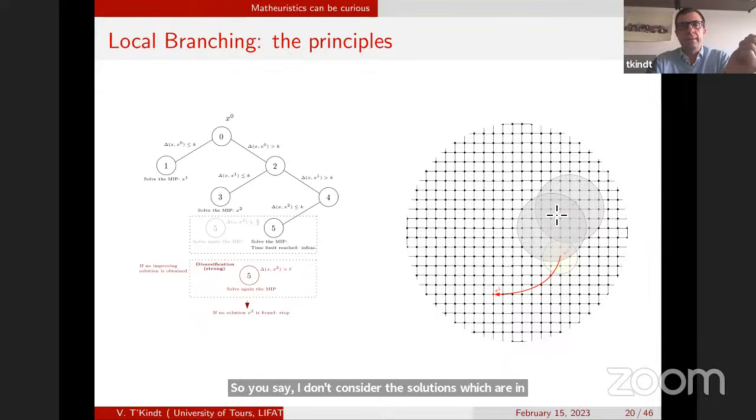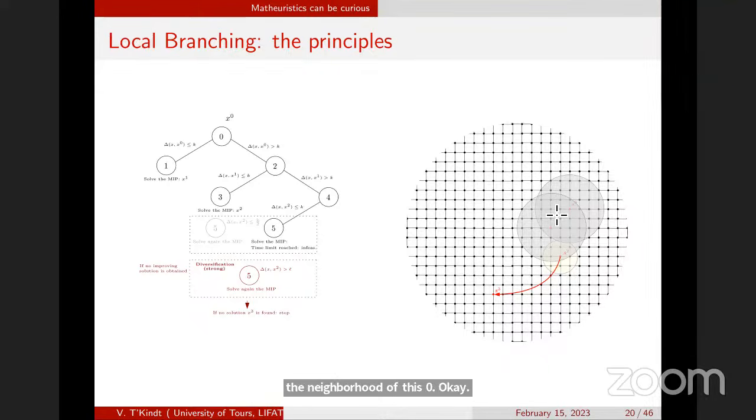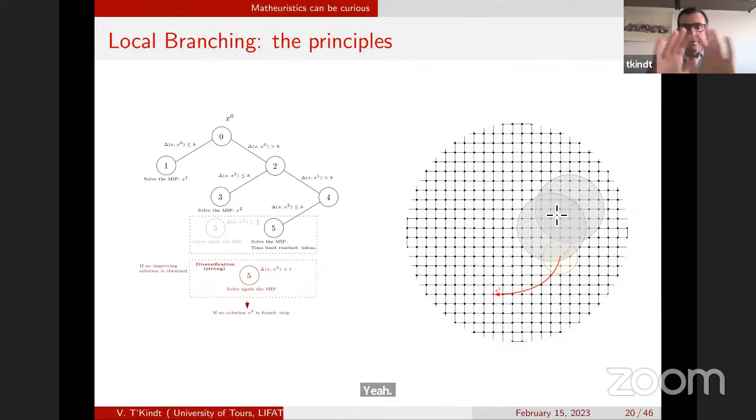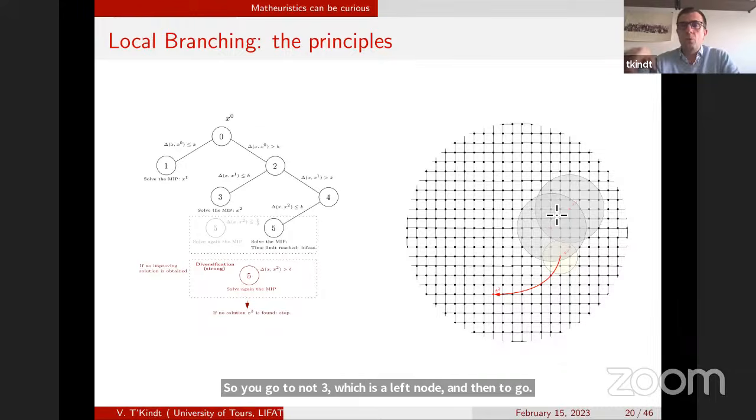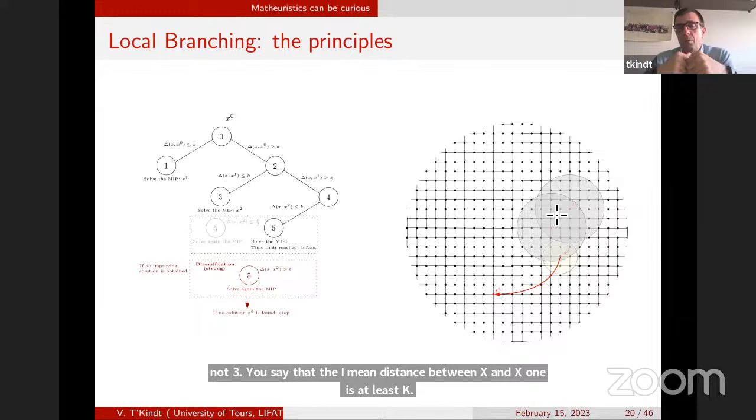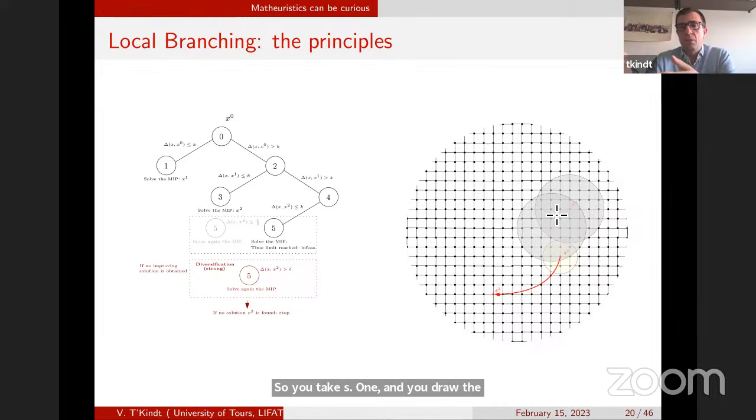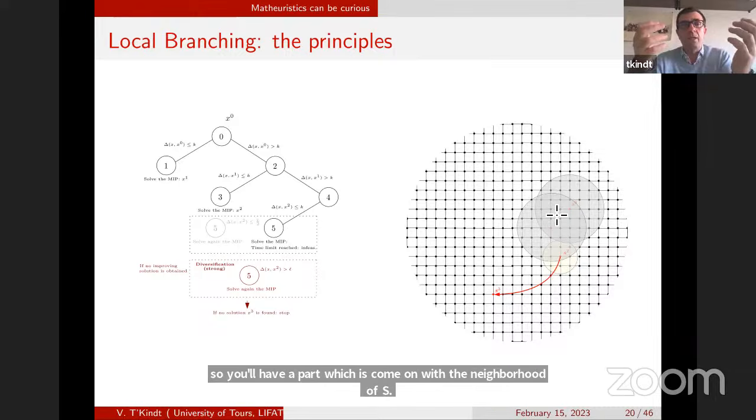Then you go to node 3, and in node 2 you solve nothing, you solve only on the left nodes. So you go to node 3, which is a left node, and to go to node 3, you say that the Hamming distance between x and x1 is at most k. So you take S1 and you draw the same circle around S1. You'll have a part which is common with the neighborhood of S0, but this part has been removed by the second constraint.